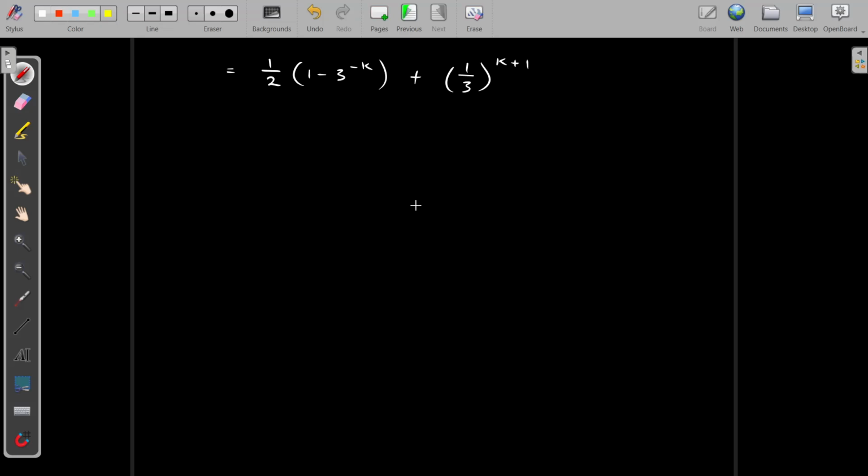Alright, so we can rewrite this part in the bracket, so that's a half times 1 minus 1 over 3 to the k. So we know that over on this side it's 1 over 3 to the k plus 1. Because 1 to any exponent is still 1. Alright, so this is what we have so far.